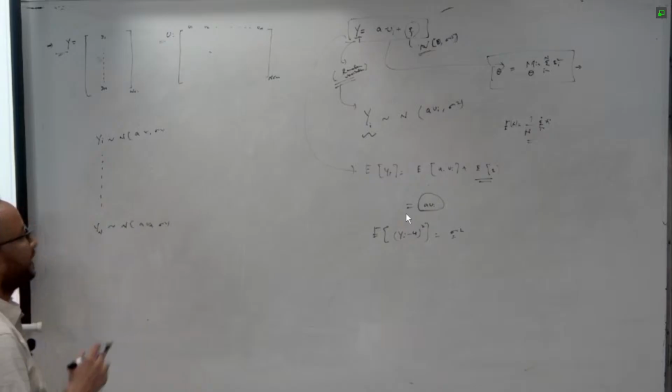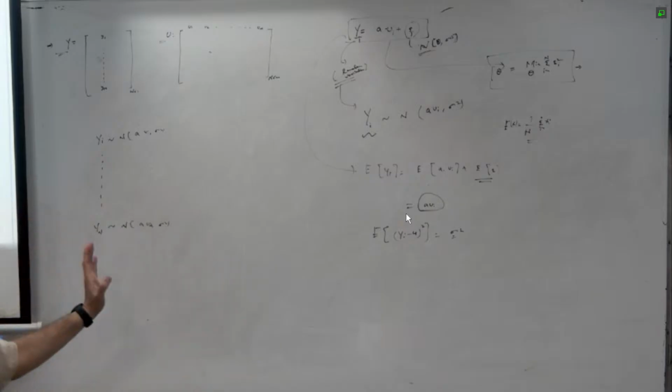I'll give an example to understand what we are going to do. You know exit polls, right? What do they do in exit polls? They take a small sample. They don't go to all of Nagpur.